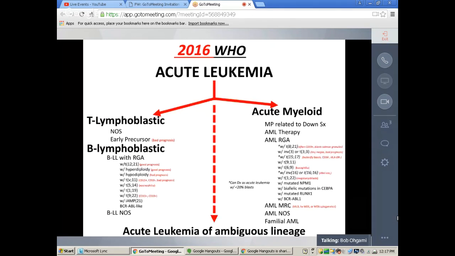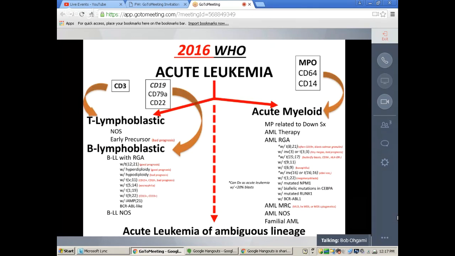The way to do this is really to use this roadmap that I put together on this page here. Essentially, you want to start off with saying you have 20% blasts. If you have 20% blasts, then you enter into acute leukemia land. Then you approach it from the sense of what are the immunophenotypic features of these blasts?